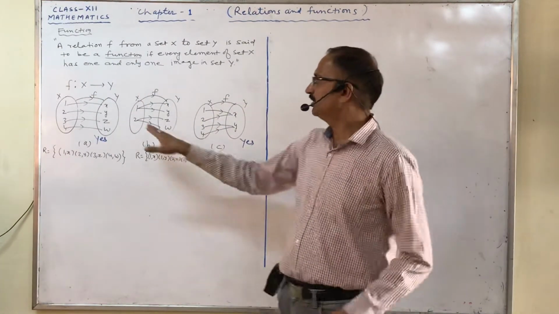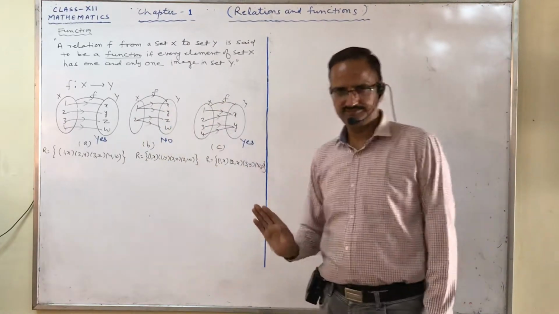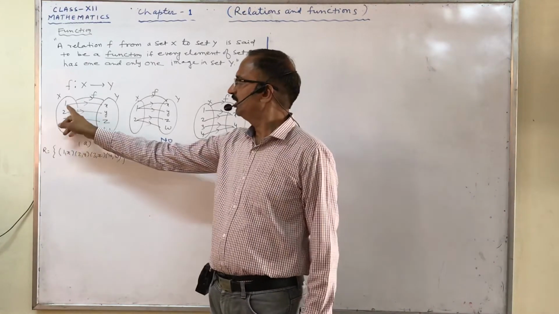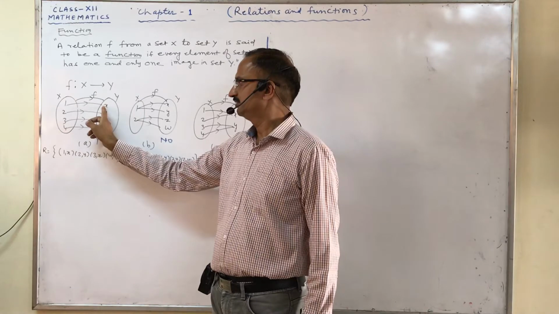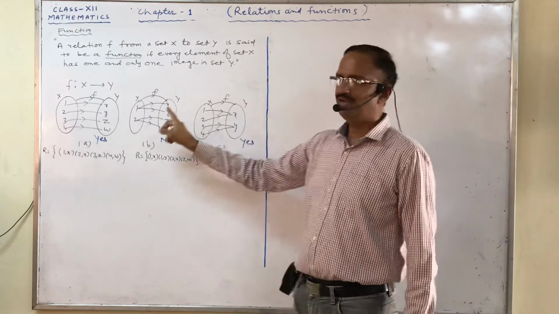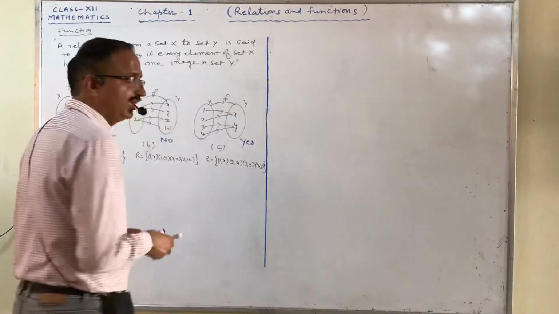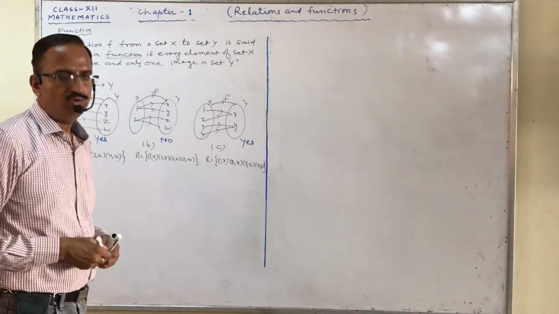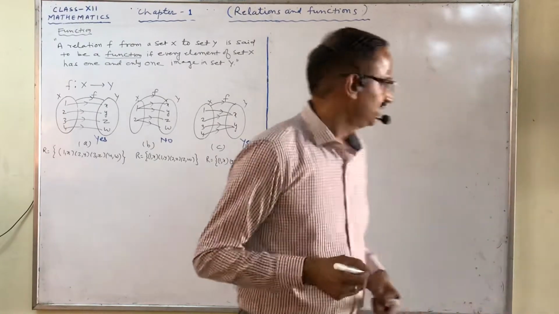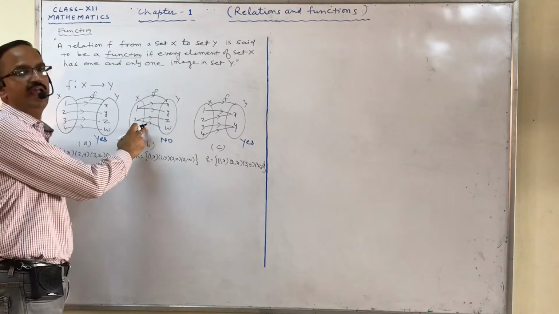Because the elements are having more than one image. This function is called one-one. This is many-one. But this is not a function. In short, we can say that convergence is allowed for a function, but divergence is not allowed. Here there is convergence, but here it is divergence.